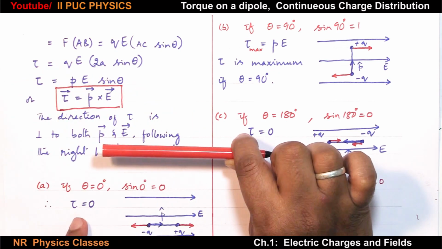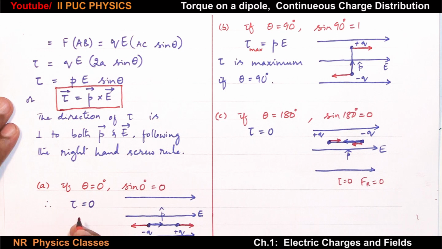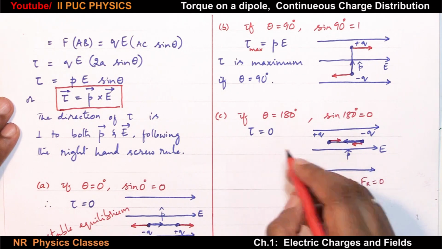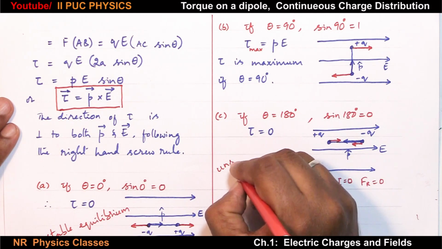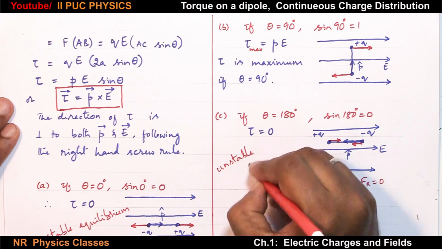That is first case. So let me write, if theta is 0 degree, then dipole is said to be in stable equilibrium. This is required for 1 mark. If theta is 180, it is called unstable equilibrium.